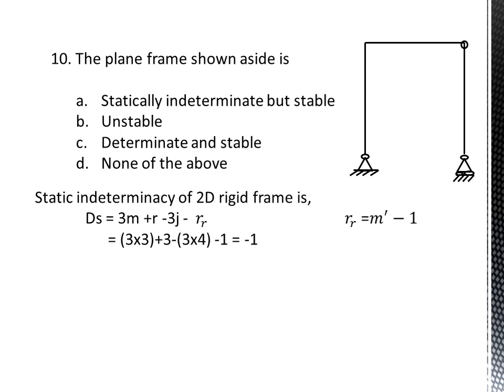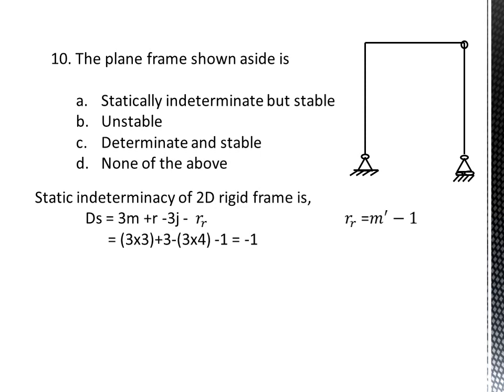And we have 3 members, and at the hinge support we have 2 reactions, and at the roller support we have 1 reaction. So total number of reactions R is equal to 3, and total number of joints is equal to 4. Substituting all these values in this equation, we get the degree of static indeterminacy as minus 1.